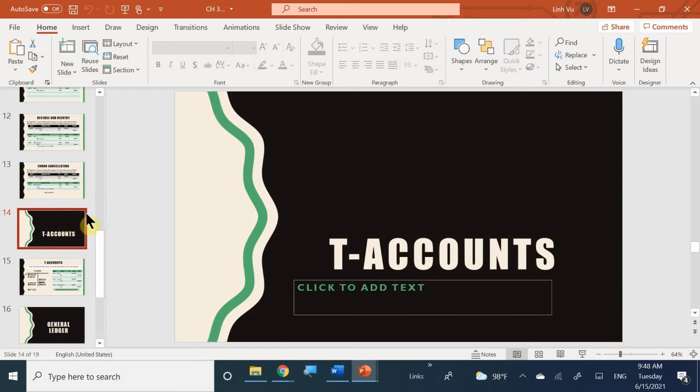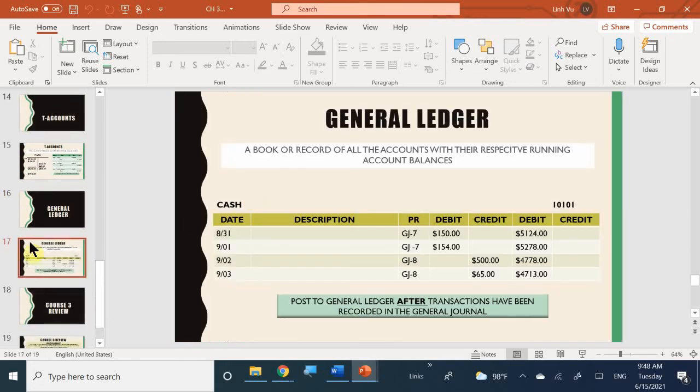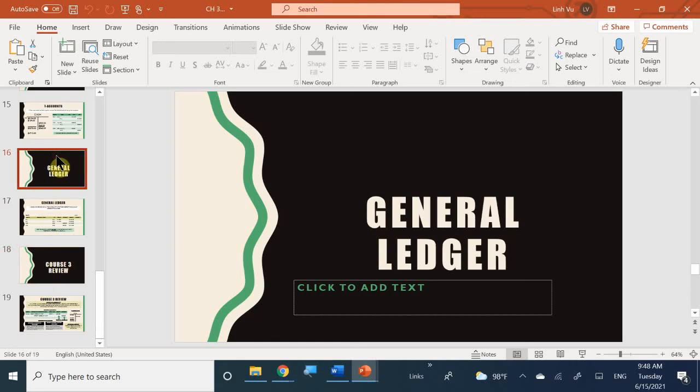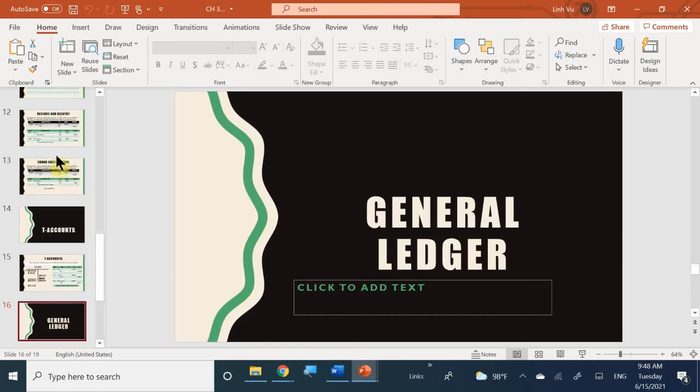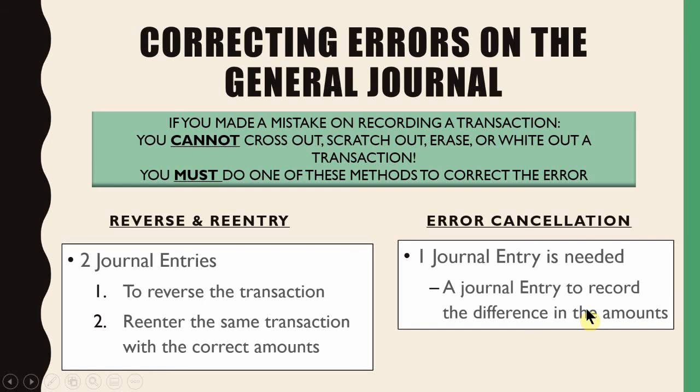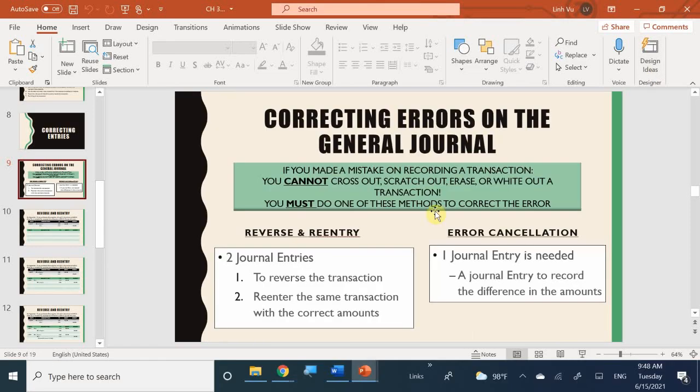But what I do want you guys to understand is the error cancellation and the different methods to correct the entries, because I will test you here, right? So you do need to know using the reverse reentry and also using the error cancellation, okay? All right. Any questions for chapter 3?